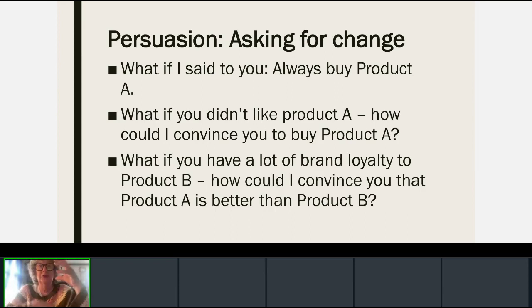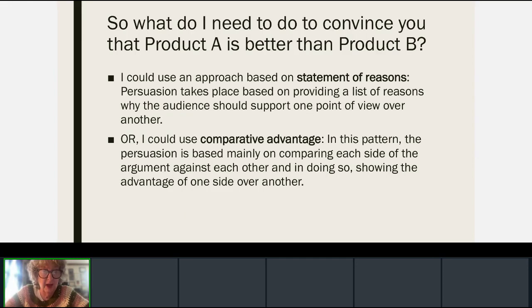What would I have to do to push my persuasion for product A over product B? Well, there are several ways that you can organize a speech that will help you put together a successful persuasive message. One of these is called statement of reasons.